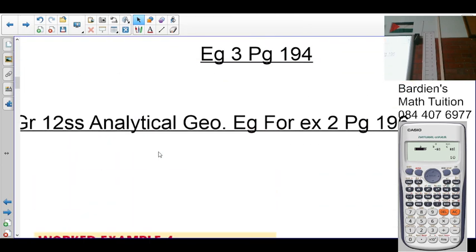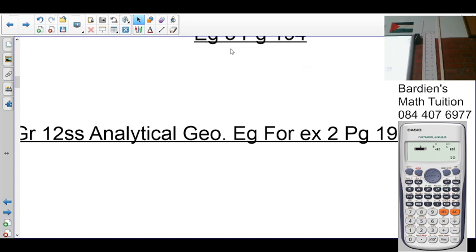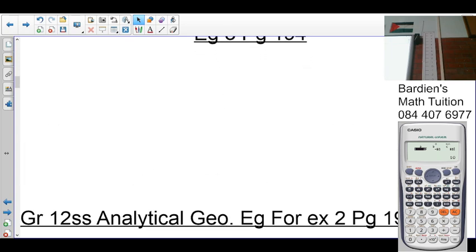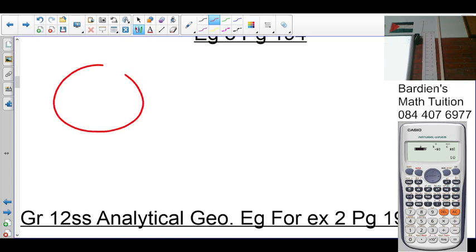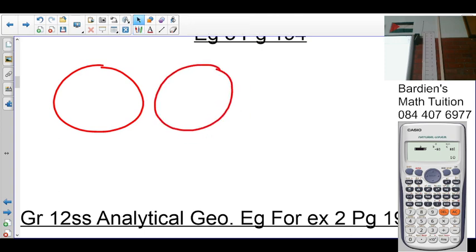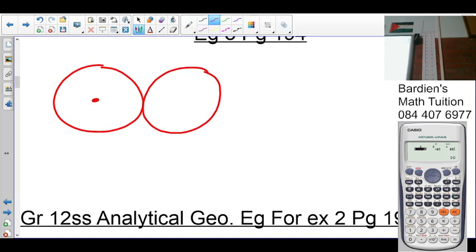If you've got two circles, and you make them touch, and of course this is the center of each circle, we've got two centers. So let's call this one A, the small one, and this one B.